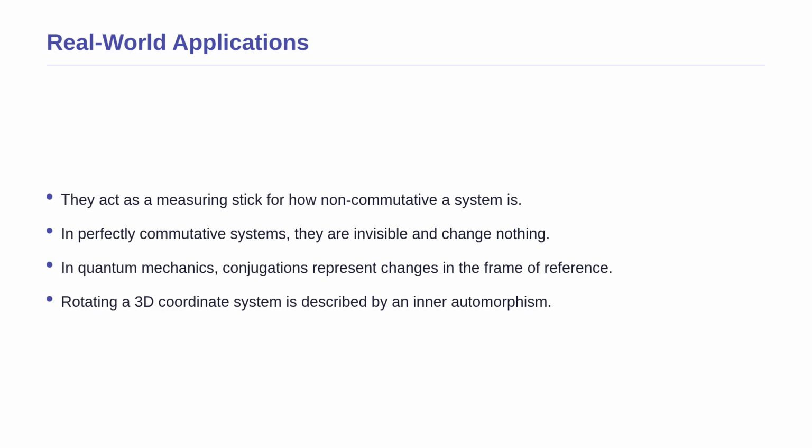In physics, particularly in quantum mechanics and particle physics, these conjugations represent changes in the frame of reference or gauge transformations. For example, rotating your coordinate system in 3D space is mathematically described by an inner automorphism, ensuring fundamental laws of physics remain identical regardless of your perspective.